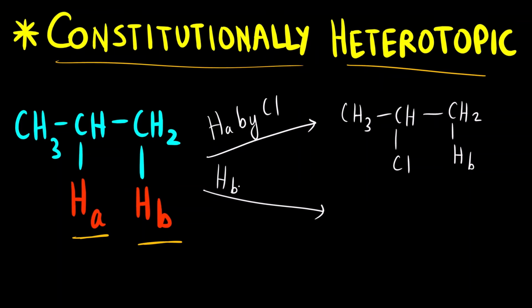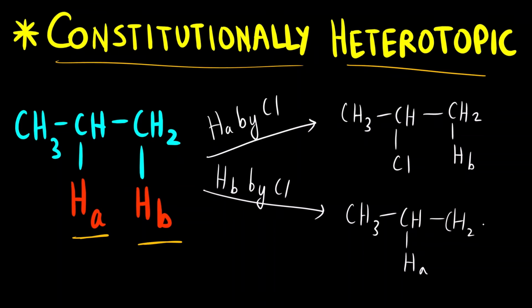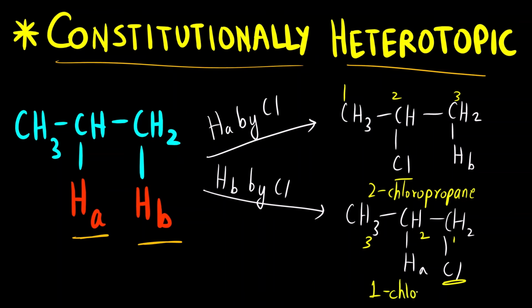Next I will replace HB by Cl: CH3, CH, HA I will keep as it is, CH2, Cl. So if you see here, 1, 2, 3, 2-chloropropane. 3 carbons means propane. And here, 1, 2, 3, this is 1-chloropropane. That is, the position of the halogen is different.